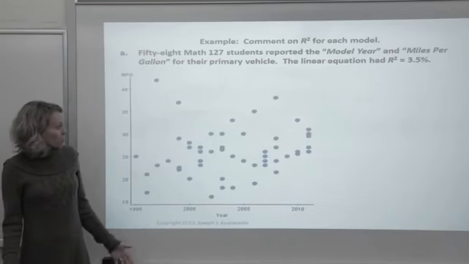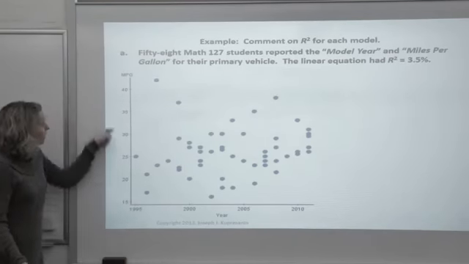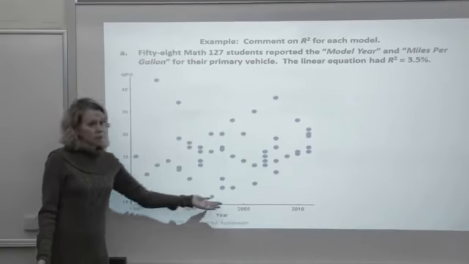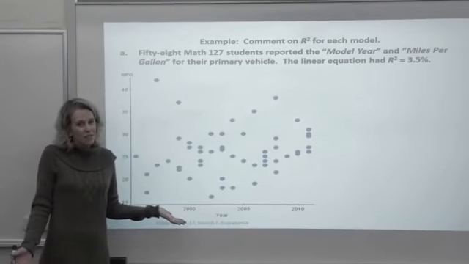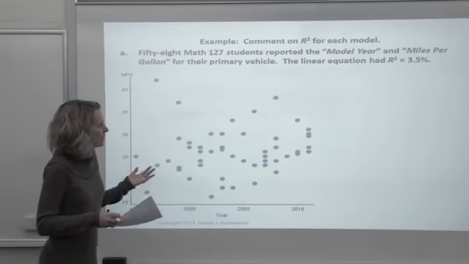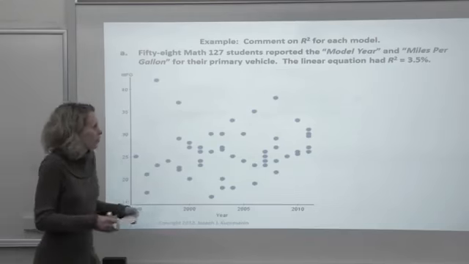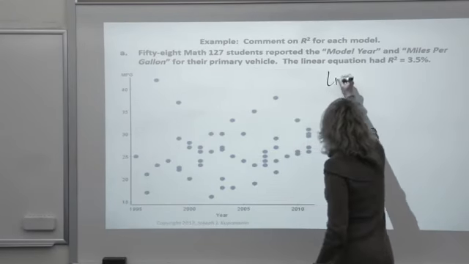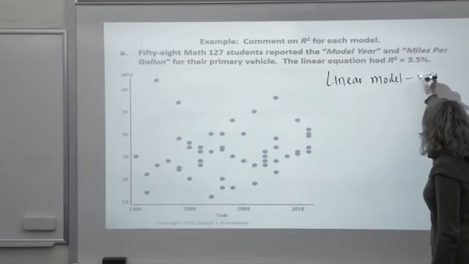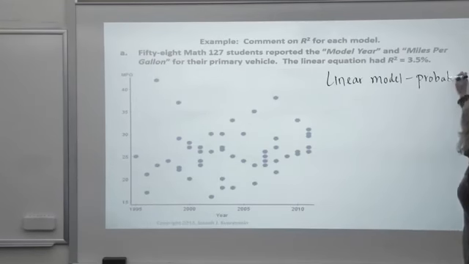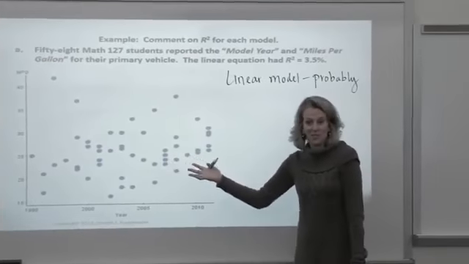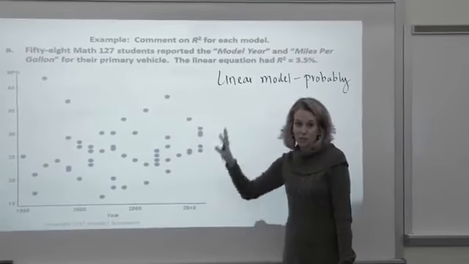That would tell you that 3.5% of the variation in those gas mileages could be explained by the linear model with year. Not very good. So a few things about this one. Linear model might not be the best choice. And really, I'm not so sure what the best choice is here. This, again, looks like no relationship to me.